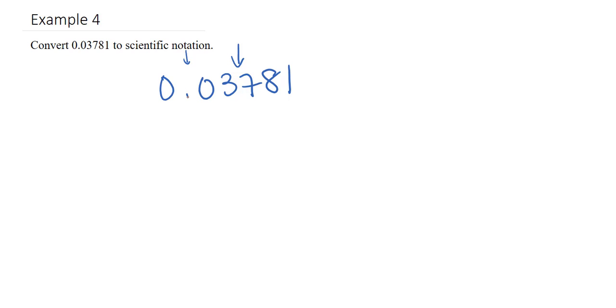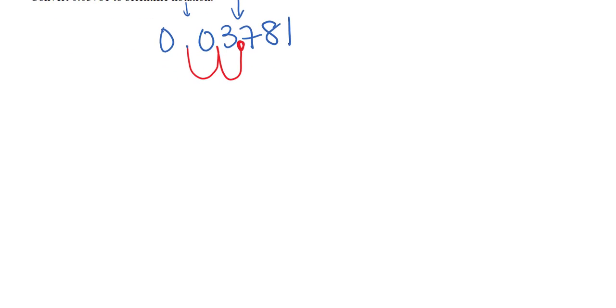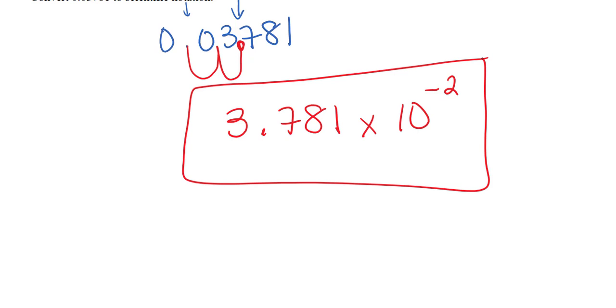So if we go over 1, 2, we have just the one number between 1 and 9 to the left of the decimal. So what would that be? 3.781 times 10, and we moved it over twice, so that'd be -2, because we moved it to the right. So it's a smaller number, and we indicate that by the negative. And that would be our solution.